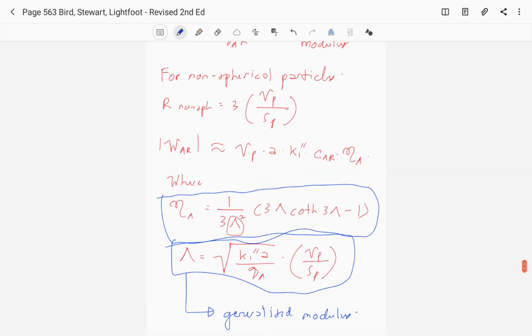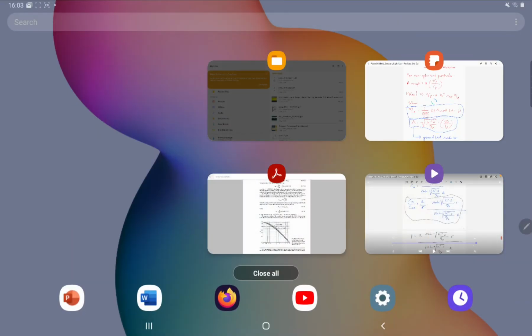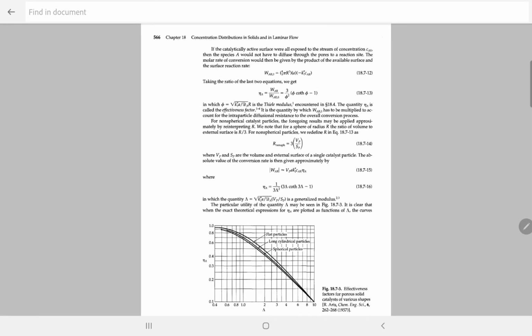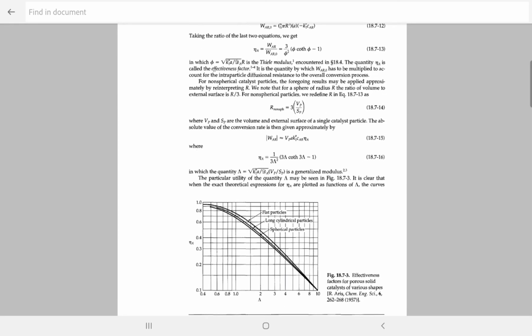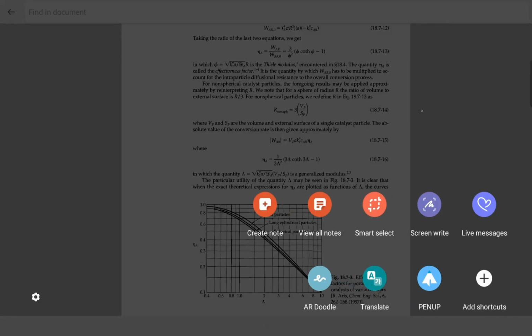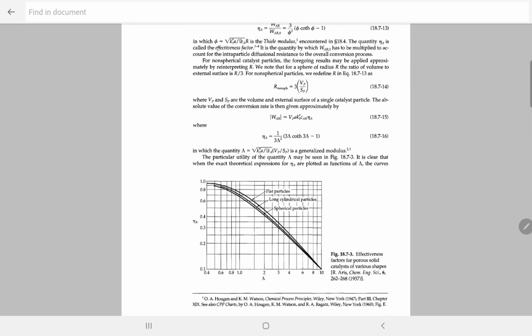What we can show you is that if you go into the Bird, Stewart and Lightfoot book on page 566, in this plot in particular, you get a plot of your effectiveness factors against this generalized modulus, and there is not much difference between the flat particles, long cylindrical particles, and the spherical particles.